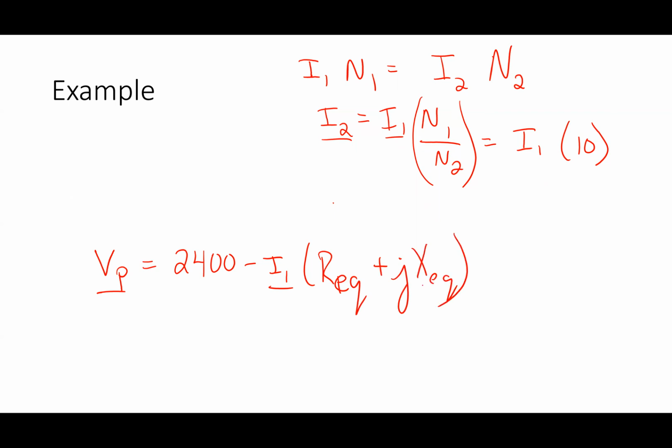If I do that math, what I end up with is 2.3756 times 10 to the third minus j 66.974, and this has units of volts.